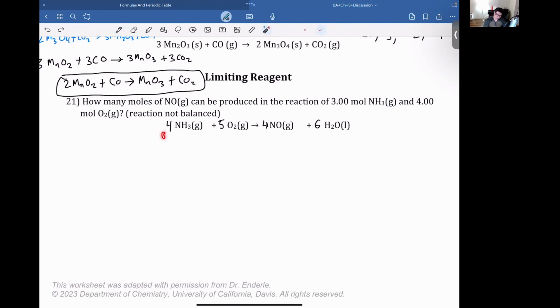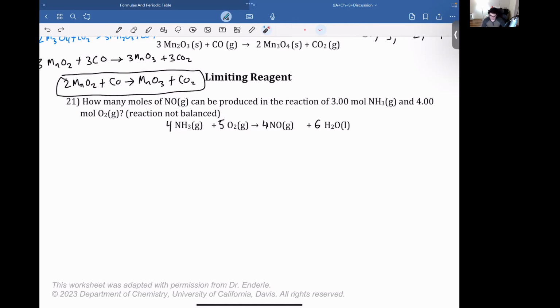This equation you can think of in terms of atoms or molecules or in terms of moles, right? Because again, they're related. If this happens for every 4 atoms of NH3 and 5 atoms or molecules of oxygen, and you get 4 molecules of NO and 6 molecules of water, it's the same idea if you multiply everything by 6.022 times 10 to the 23rd.